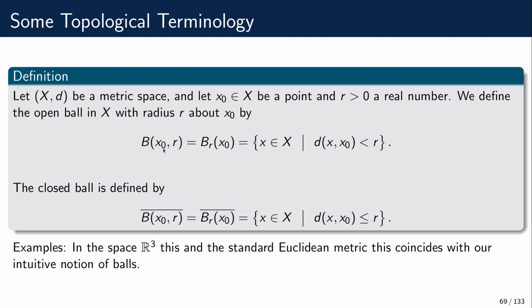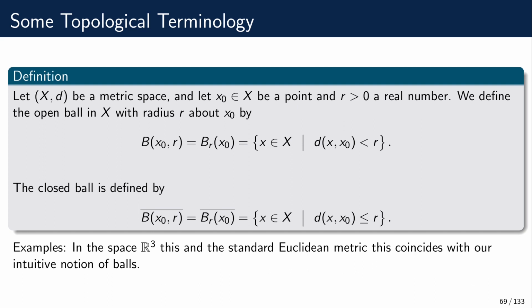It's our measurement of being open in a sense that we'll see. And when we take all the points with the boundary points, including the points whose distance from x0 is exactly r, this is called the closed ball. And those are two very important examples of what we call in topology or in mathematics open sets and closed sets.